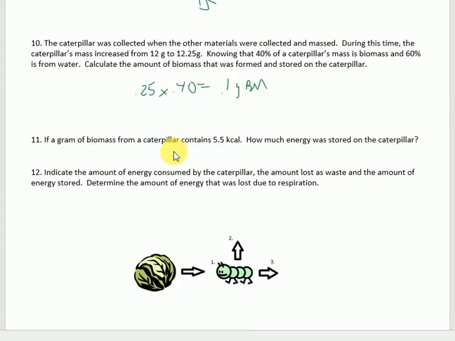If a gram of biomass from a caterpillar contains 5.5 kilocalories, how much energy was stored in the caterpillar? Well, we've got the 0.1, and we're going to take that times the 5.5 kilocalories.